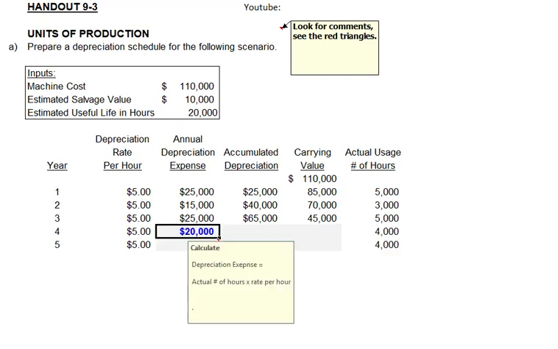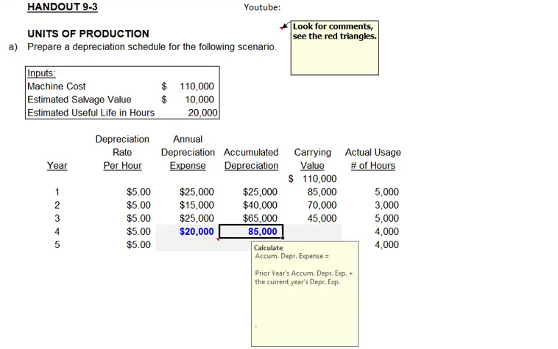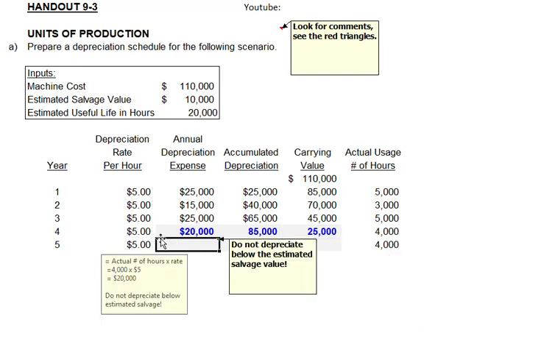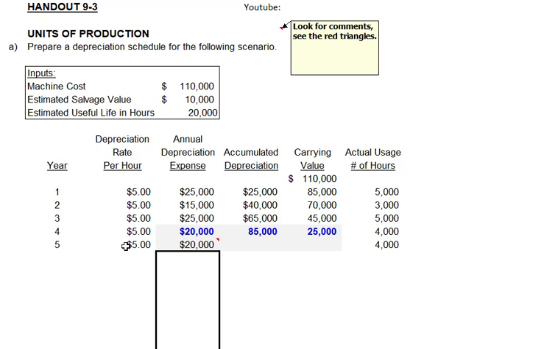In year 4, we use the equipment for 4,000 hours. 4 times 5 is 20. Our accumulated depreciation goes up to 85, and our carrying value comes down to 25,000. Now, in the 5th year, we've used our equipment for, again, 4,000 hours at $5 an hour. That suggests we should take depreciation expense of $20,000.